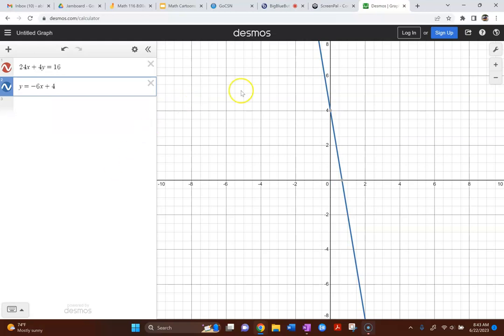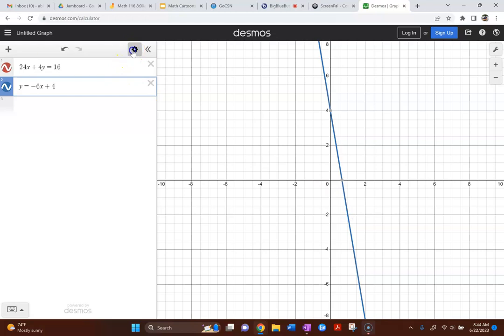And it graphed that for us, that was the y-intercept 0, 4, and we went down 6 and right 1. So we have that point right there. Oops, I can't get on there.